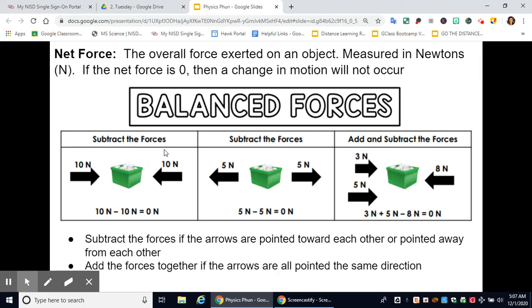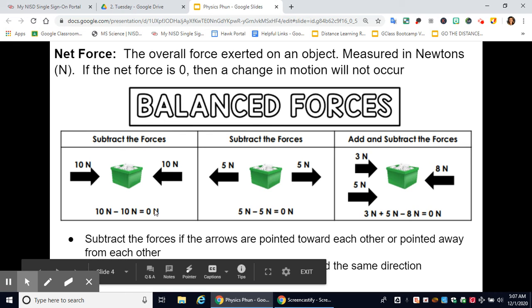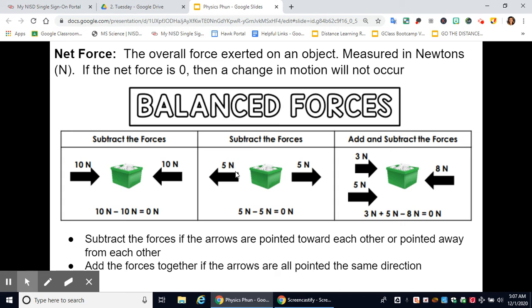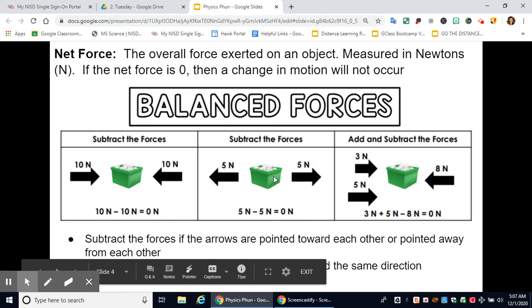So 10 subtract 10 would give us 0 newtons of force. Now, if we look over here at this situation, the arrows are pointed away from each other. So we have someone applying a force of 5 newtons to the left and somebody applying 5 newtons to the right. So again, we subtract these forces, 5 subtract 5, 0 newtons of force, the object's at rest.